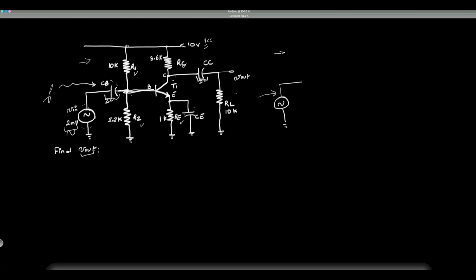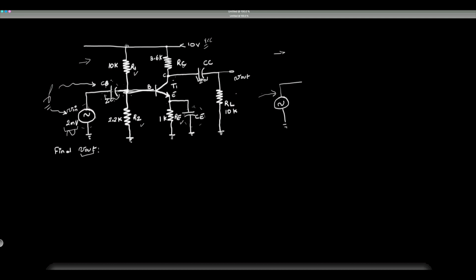Same thing here with the bypass capacitor, CE. We want its capacitance value, given a certain frequency F for the power supply, to also act as a short. So we have coupling capacitors and a bypass capacitor, all of which will act simply like a straight line. So in other words, RE will be shorted in the AC model, right?